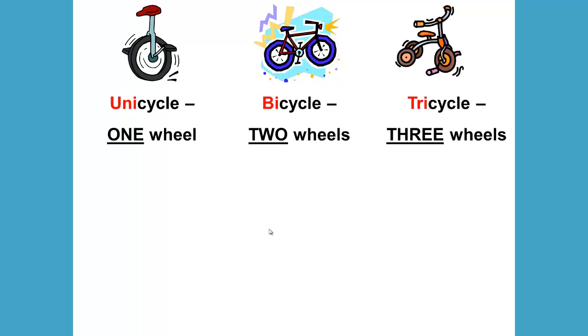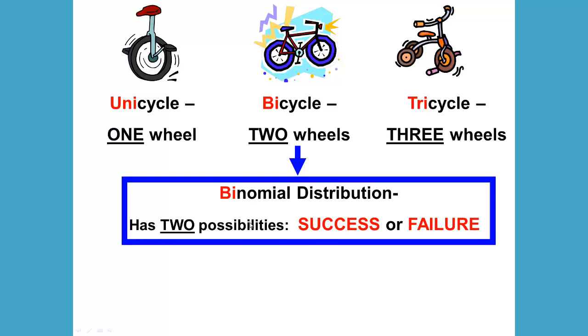Uni means 1, bi means 2, tri means 3. So a binomial distribution has 2 possibilities: a success or a failure.